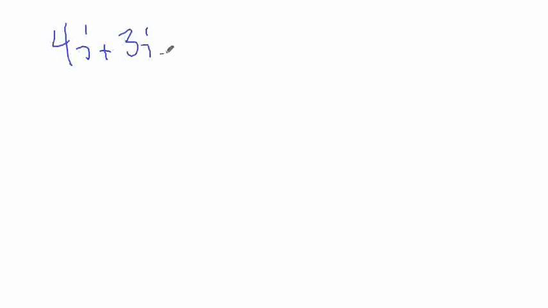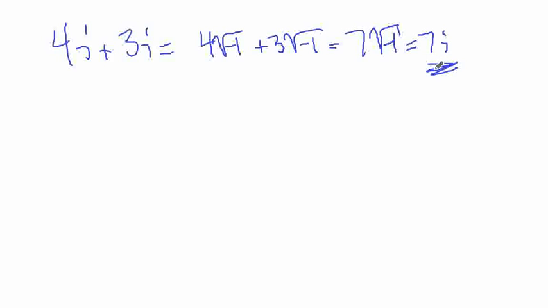What do you think it means to say 4i plus 3i? How should we understand that? Whenever you get confused, write out what it's an abbreviation for. So this is 4 times the square root of minus 1 plus 3 times the square root of minus 1. We all know that 4 apples plus 3 apples is 7 apples. So 7i. Apparently you can treat i just like any other quantity.